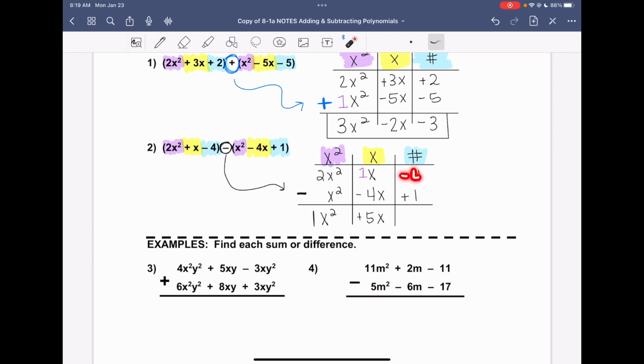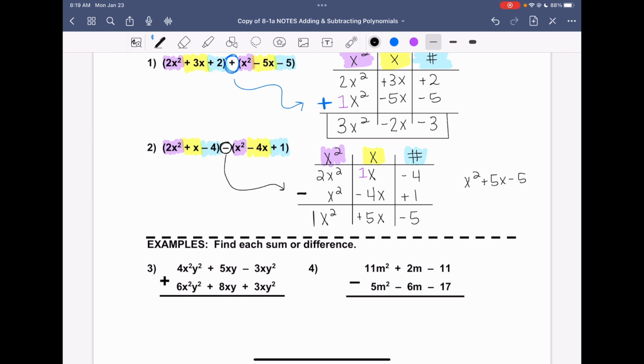And then a negative 4 minus a 1. Okay, and that should give us a negative 5. Okay, so it's important that you're taking the sign with it as you're subtracting and adding them. Okay, the signs matter. All right, and so that would be your answer. X squared plus 5x minus 5.